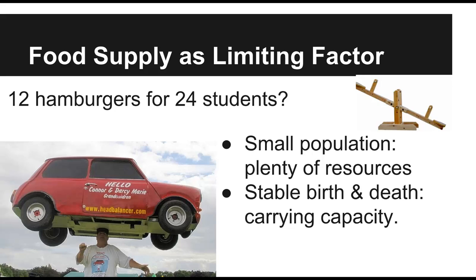It is possible for any resource to be a limiting factor. However, a resource such as food can have dramatic consequences on a population. In nature, when the population size is small, there's usually plenty of food and other resources for each individual. When there is plenty of food and other resources, organisms can easily reproduce, so the birth rate is high.